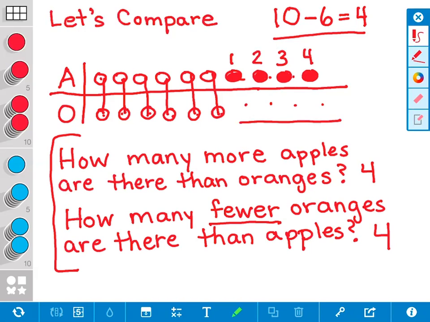Then you had problems where you were just subtracting because things flew away, were eaten, or left. But now you have a comparing problem, and you use subtraction for your comparing problem because you've got to find the difference between the two. So in the story that we just did, we had to find the difference between our apples and our oranges, and it was 4.